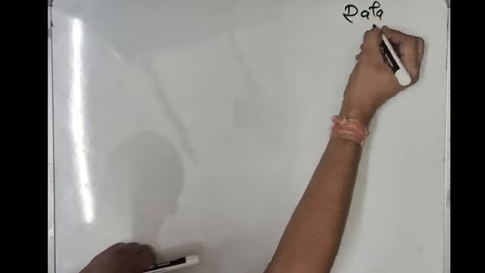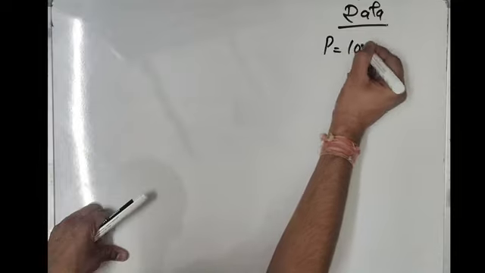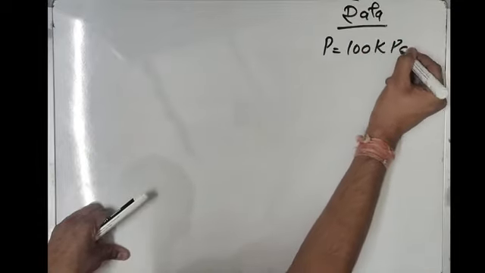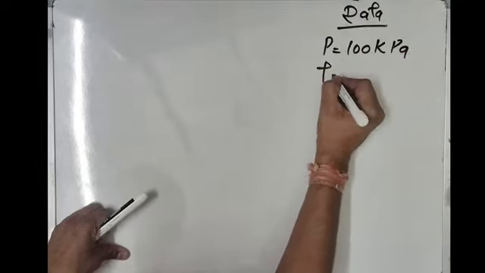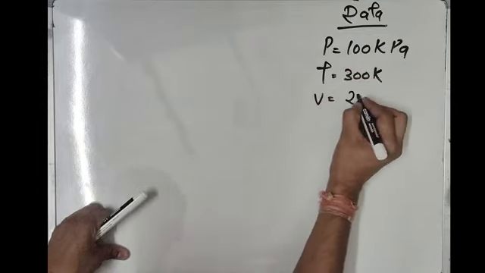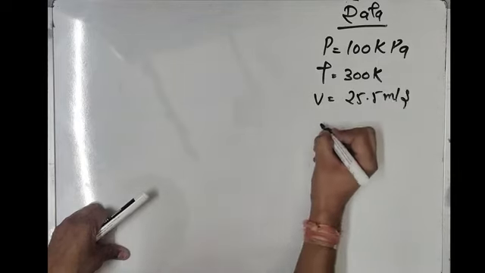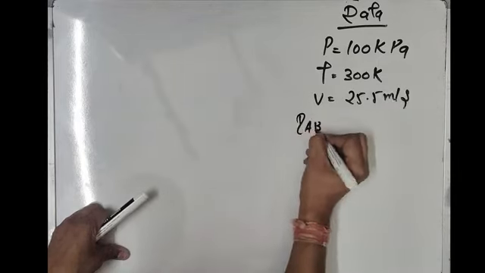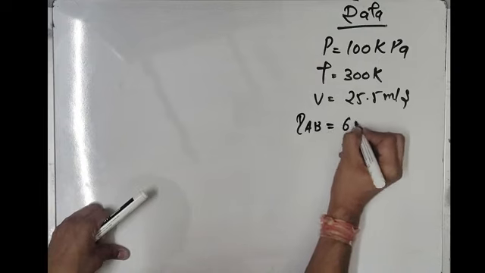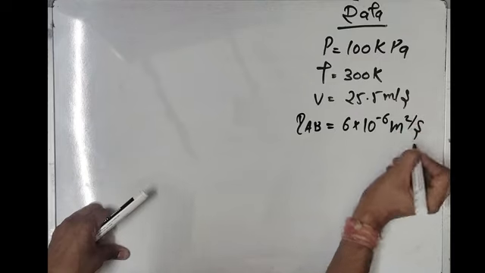Let's note down first the given data. The pressure of air is 100 kilopascal. The temperature is 300 Kelvin. The velocity of air flowing is 25.5 meter per second. The diffusivity of naphthalene in air is 6 into 10 to the power minus 6 meter square per second.